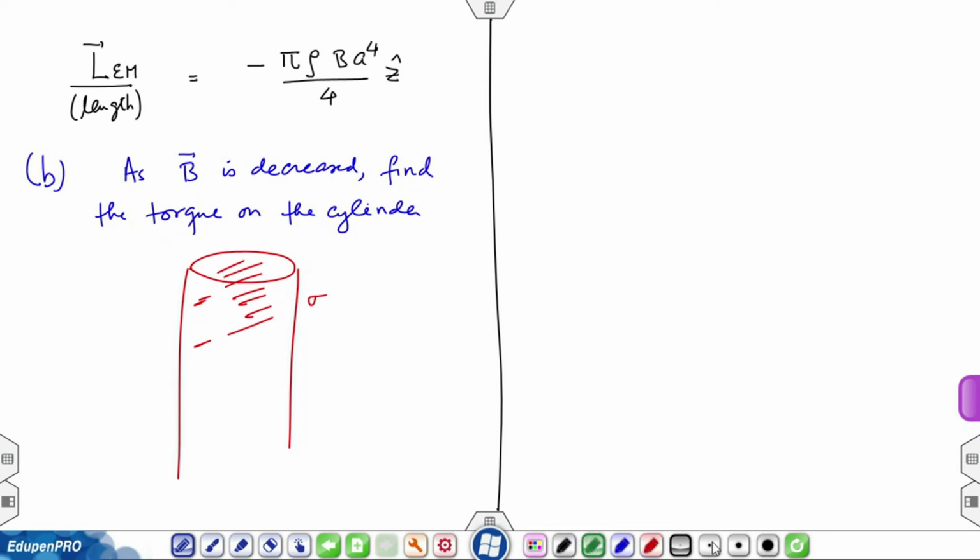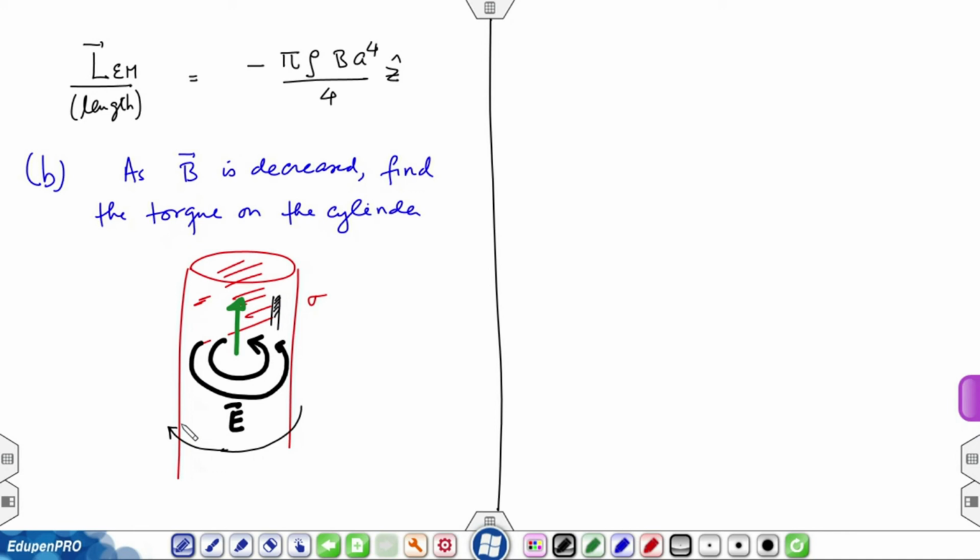There is this initial field B, which is now decreased, and therefore, there is going to be the induced field E like this. So, it is going to apply a force on these charges inside, and is going to apply the opposite force, and therefore, the torque on sigma outside, and that is what we want to calculate.